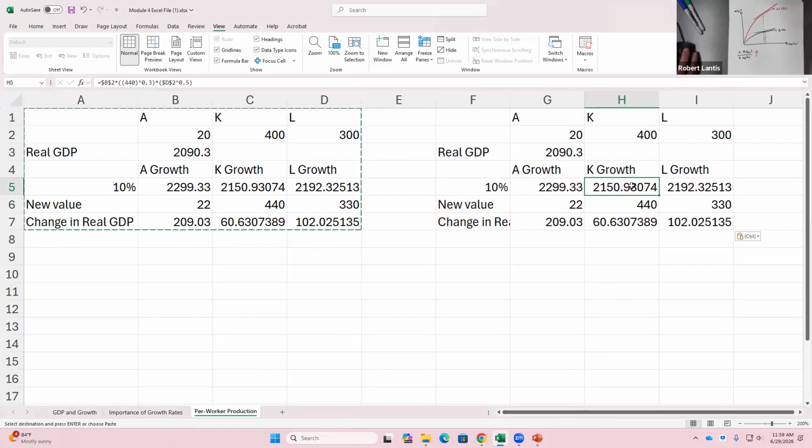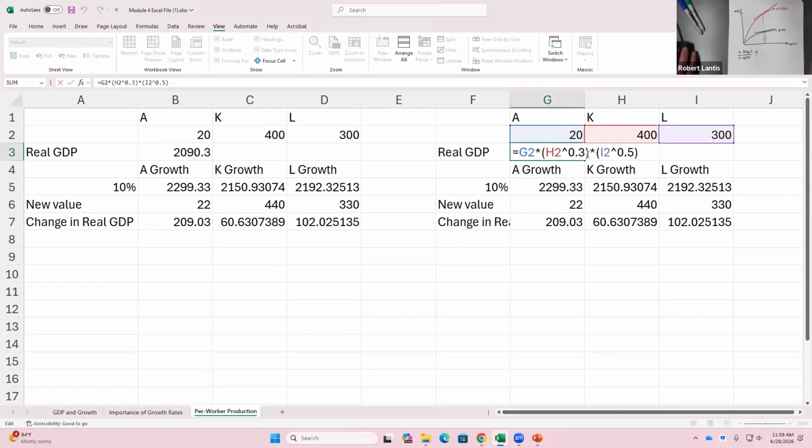So what if instead I had a production function where the functional form was capital to the 0.5, and labor to a lower power? Well, if I have something to a lower power, changes in that should cause lower changes in real GDP.